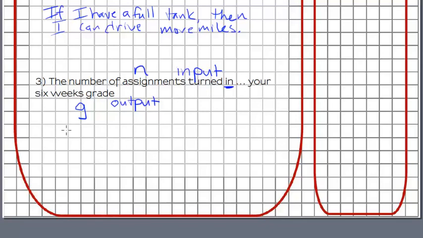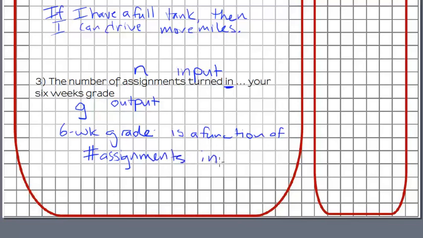So I'm going to say that your 6 weeks grade is a function of the number of assignments turned in. And this is very similar in format to the depends on.